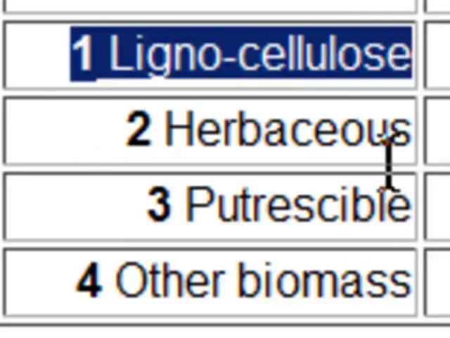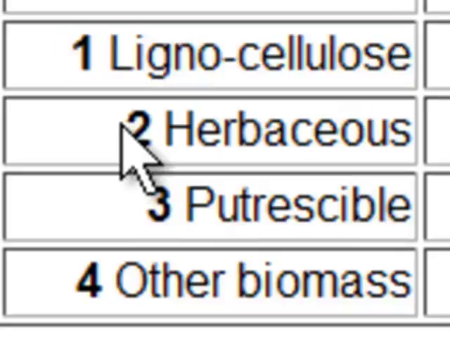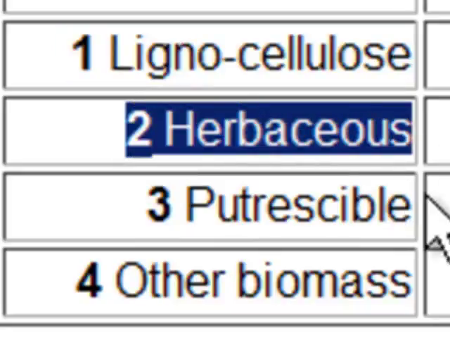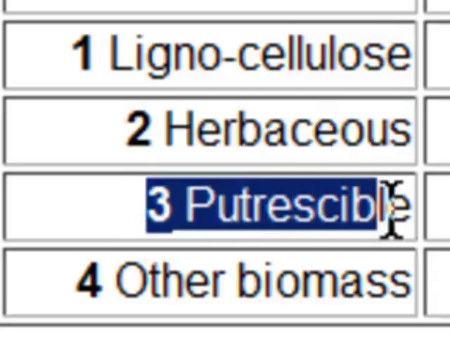What we call lignocellulose will contain more than 90% of cellulose plus hemicellulose plus lignin. What we call herbaceous biomass will generally contain approximately 30 up to 60% of hemicellulose plus cellulose plus lignin. And for something to be called putrescible or biodegradable, there basically has to be less than approximately 15% of lignin.